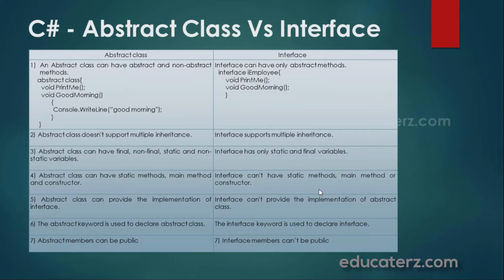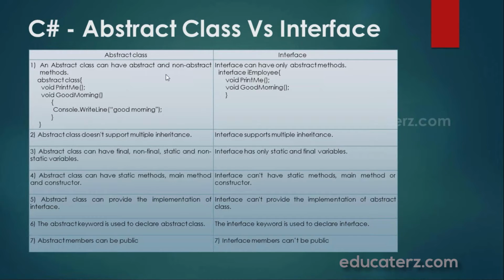Wherever your interface is inherited, in all those places you should provide implementation for that newly declared method. But with an abstract class, instead of doing that, we provide the implementation here only, like this: void good morning, void edit customer. Here we'll give implementation for the newly requested functionality for the client.